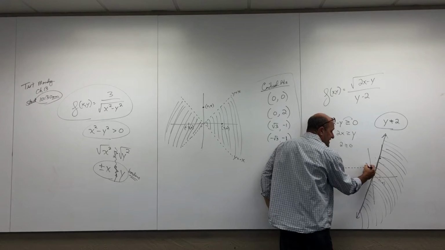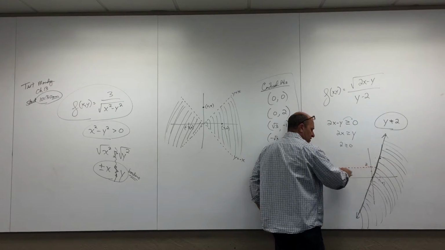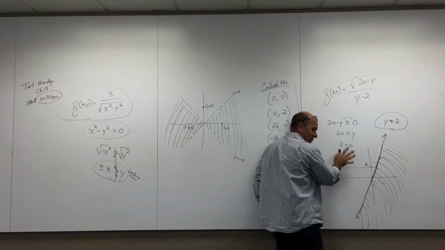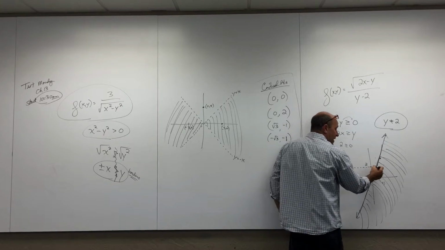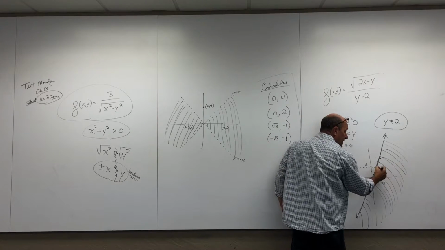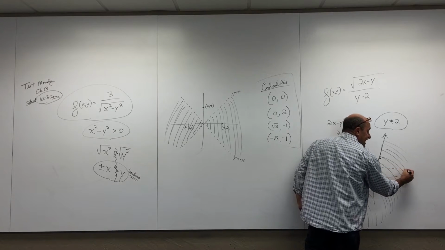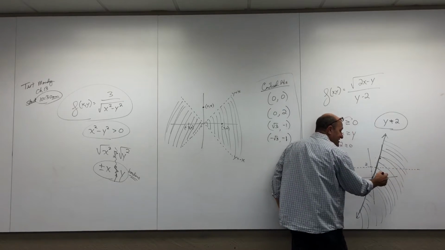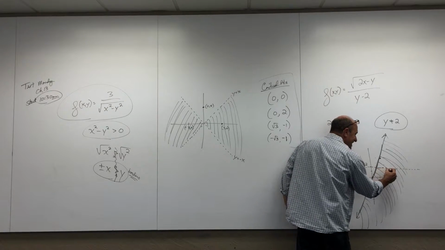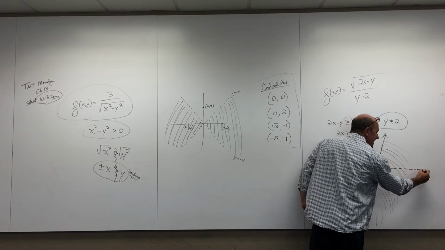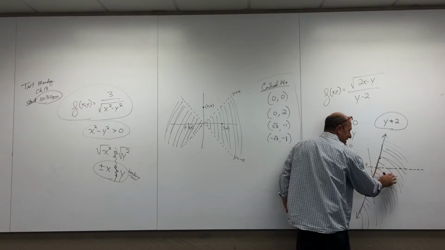It's kind of insignificant over here, since we know it's not going to equal anything over here. But over here in my domain, there is a gap of stuff that is not in the domain. This dashed line where y equals 2 is technically not in the domain.